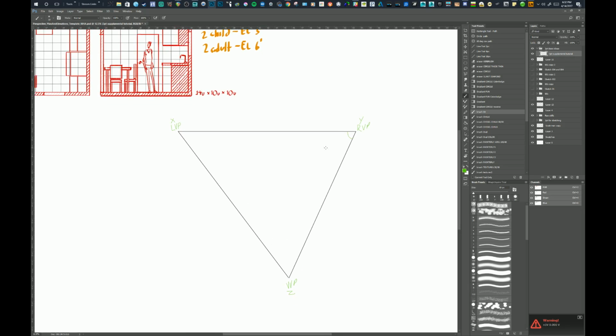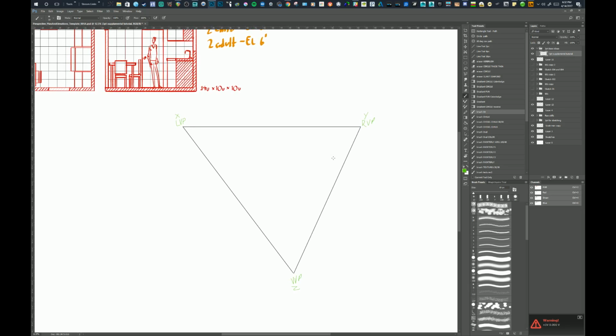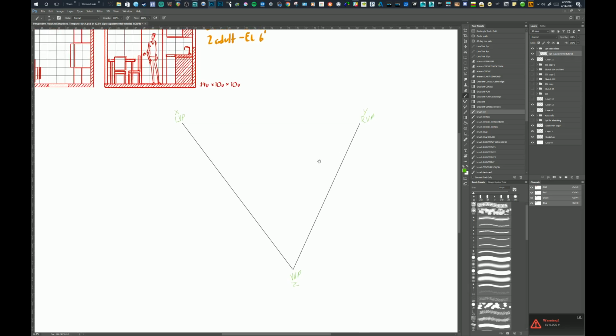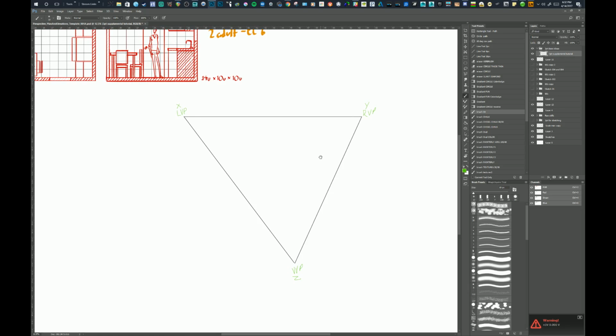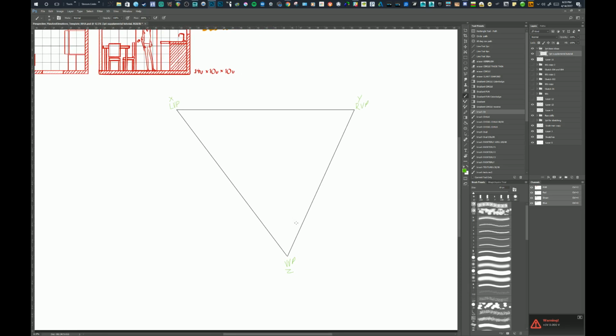Also, some angles just don't work if we get too low. If this angle is lower than like 25 degrees, then it becomes a problem. It's probably more like 40, but as long as we can go from one vanishing point to the opposite side and meet at a 90-degree angle, that's all that really matters.